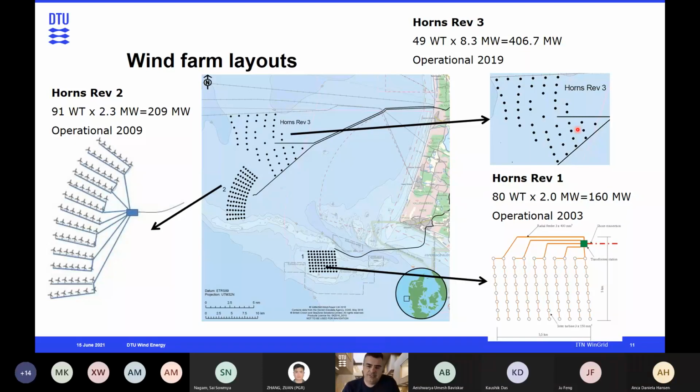Again, this is driven by specific conditions, maybe the seabed, maybe parts of the area where the wind farm is located where wind turbines may not be placed, but also by trying to minimize the aerodynamic interaction and maximize the power production in the wind power plant. But this has an impact. I will not insist a lot on that today, but it does have an impact on the electrical topology of the collection system in the wind power plants.